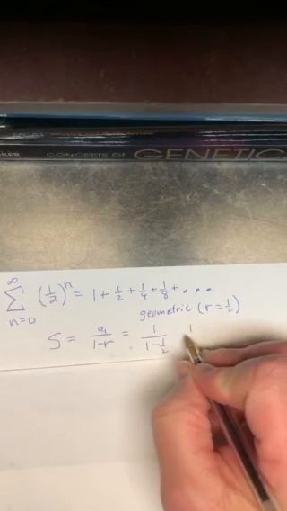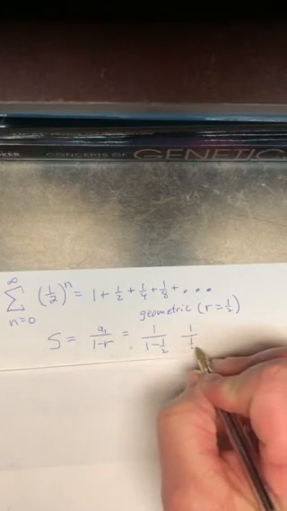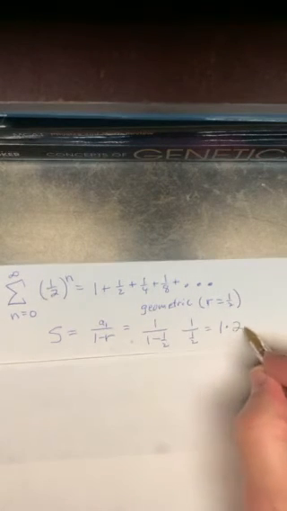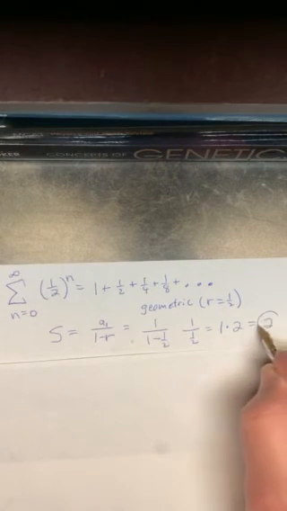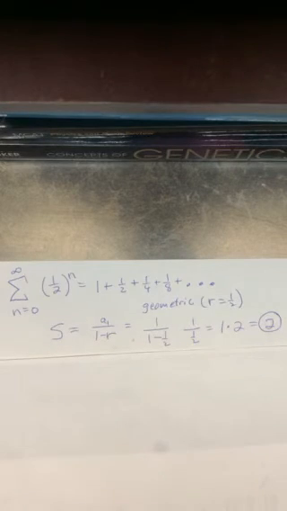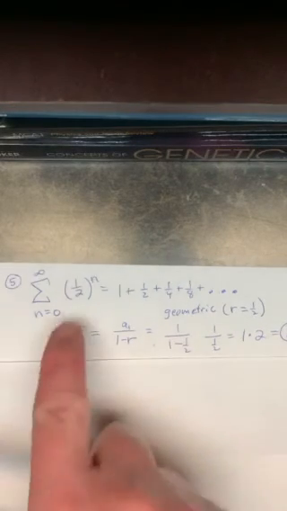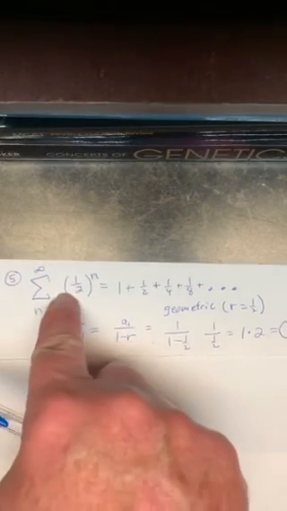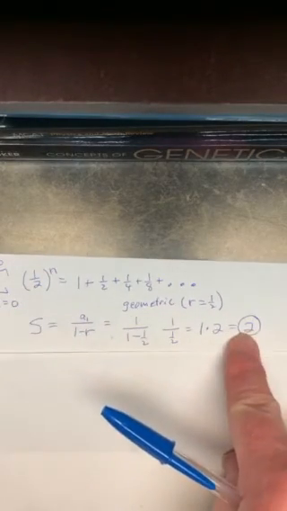So I've got 1 over 1/2. So it's really 1 times 2 for an answer of 2. Oh my gosh, who would have thunk that if you looked at that problem, you would do the work and the answer to that problem would just be good old 2.